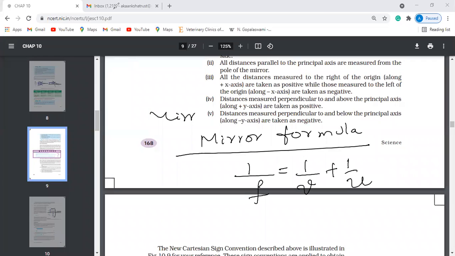Now you have to tell me in the chat box. Open your chat box and tell me what is f. Can you tell me what is the meaning of this f? Fast, quick. Very good.